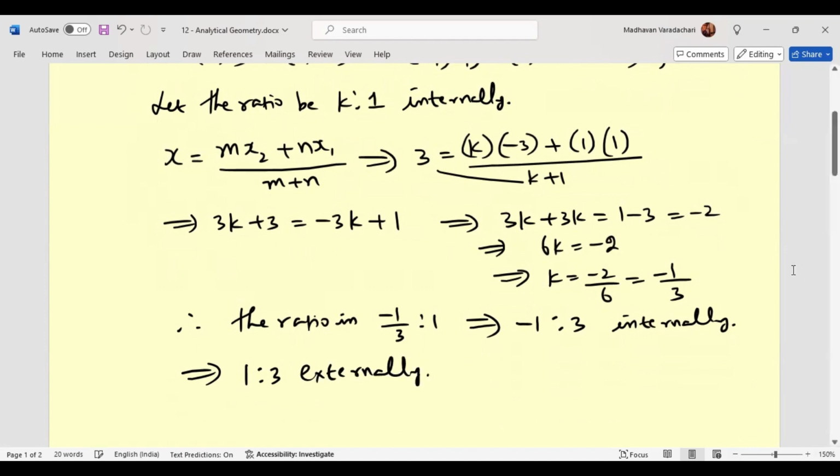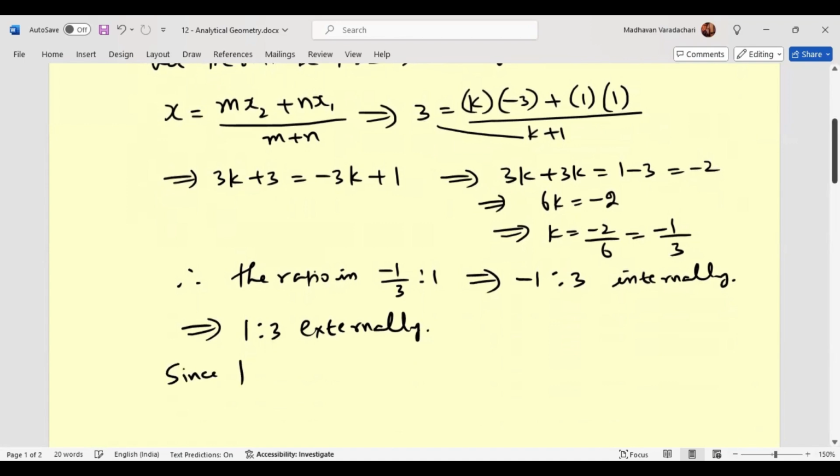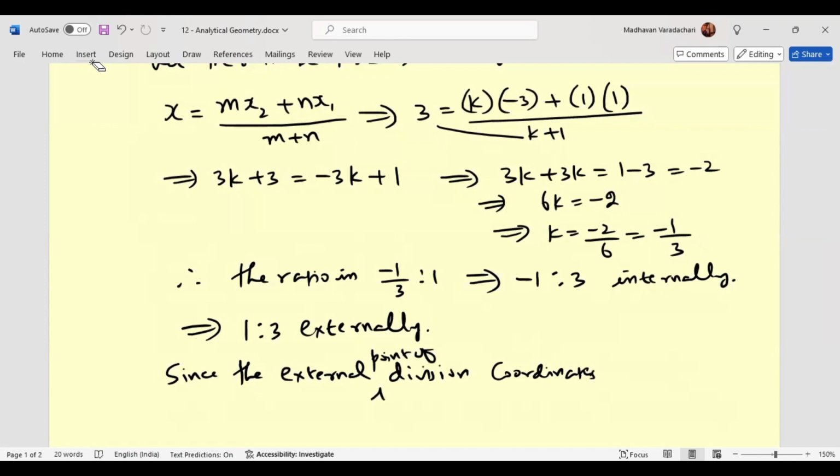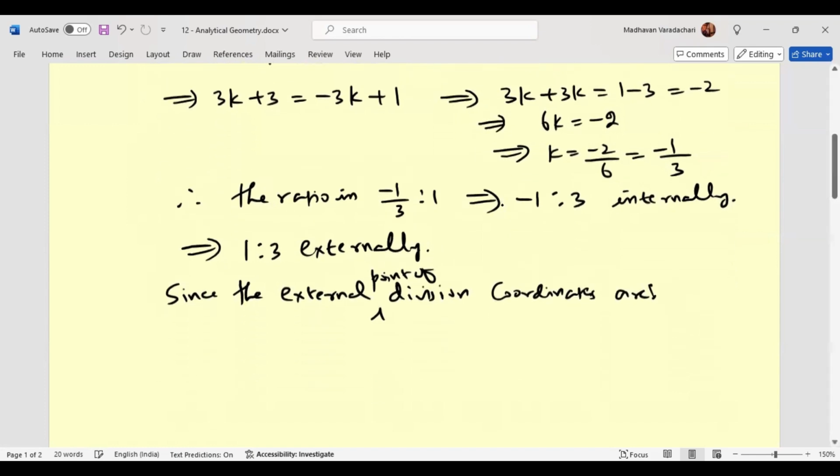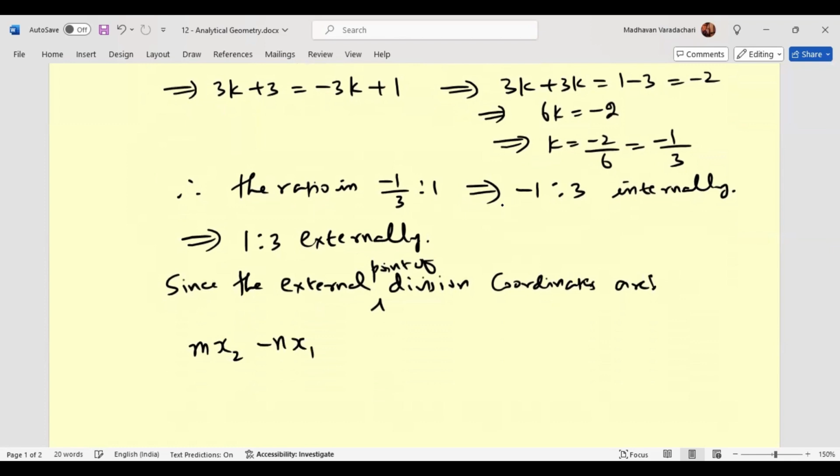That is because of the external division formula. The coordinates of the external point of division are (m x2 minus n x1) divided by (m minus n), and then (m y2 minus n y1) by (m minus n).